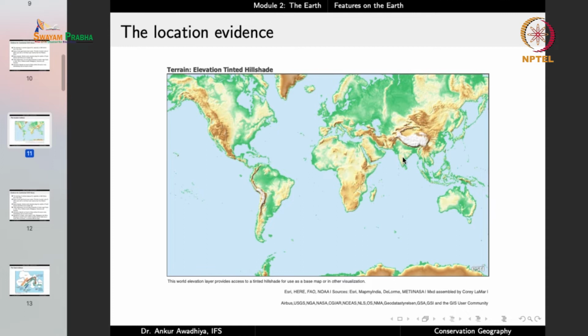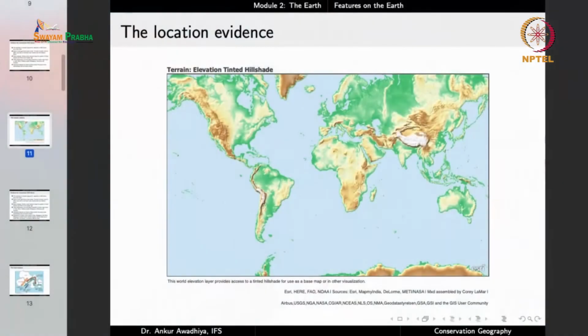Now that is not possible because you cannot have an organism that has a range that is divided into these three portions. Organisms generally tend to have a very contiguous range. So the presence of the species in the form of fossils in very different locations is another evidence that probably sometime in the past they were together.